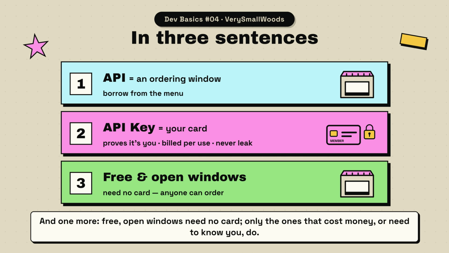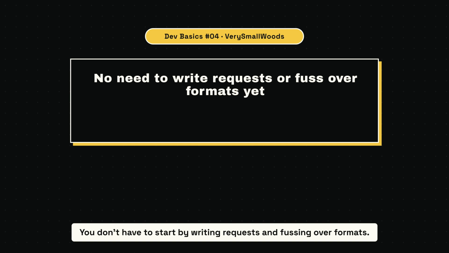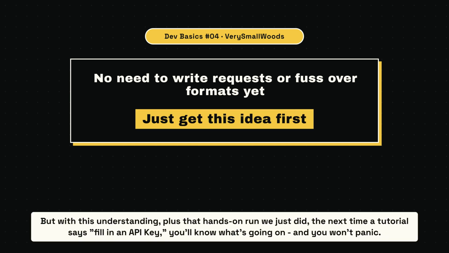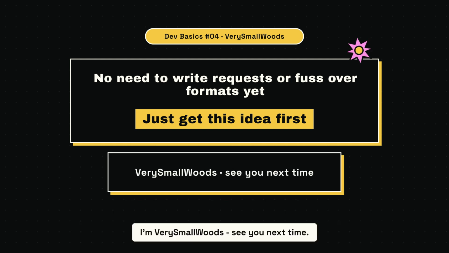Open windows need no card, only the ones that cost money or need to know you do. You don't have to start by writing requests and fussing over formats. But with this understanding, plus that hands-on run we just did, the next time a tutorial says, fill in an API key, you'll know what's going on and you won't panic. Very small words. See you next time.